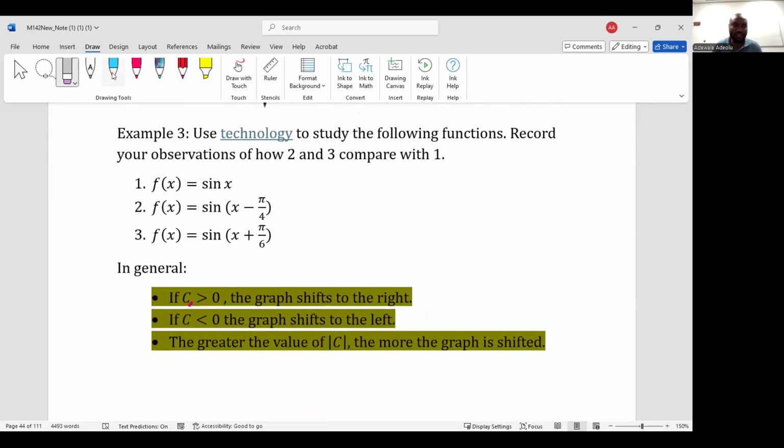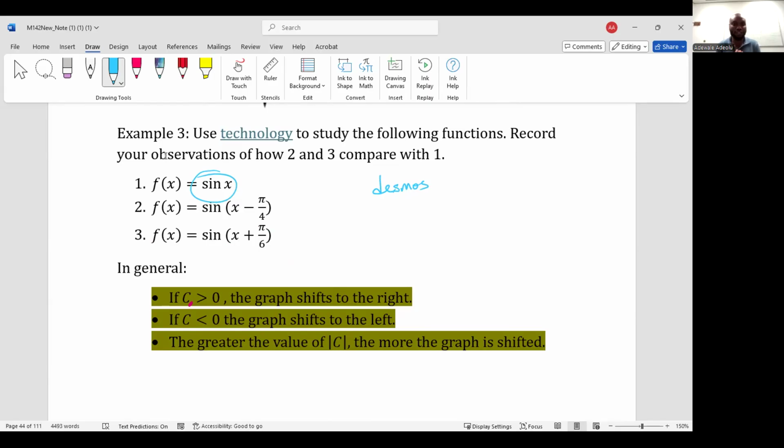Okay, example 3. Use technology to study the following functions. Record your observations of how 2 and 3 compare with 1. Okay, so you can go to Desmos, and I want you to type sine x, then sine of x minus pi over 4.